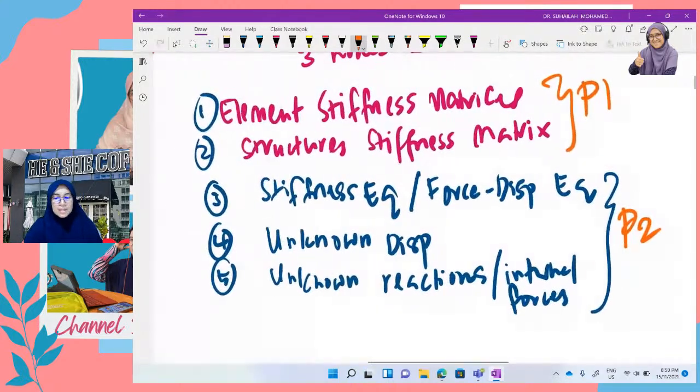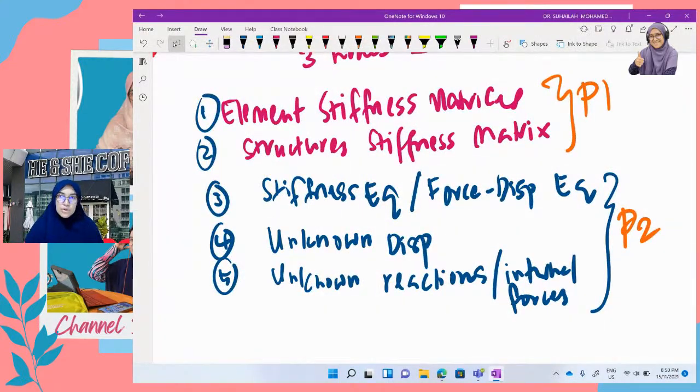For the first week of analysis, we are going to focus more on part number 1, where I want students to understand how we are going to determine. We actually don't use the word determine, because determine means we will determine a single value, and what we analyze in the stiffness method is actually the matrix.